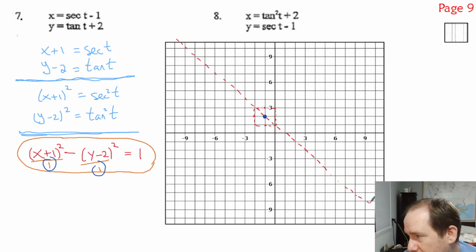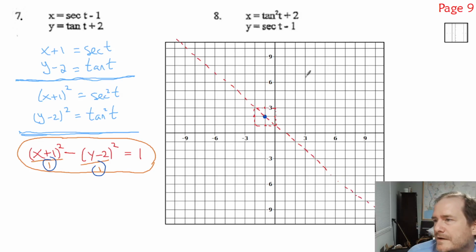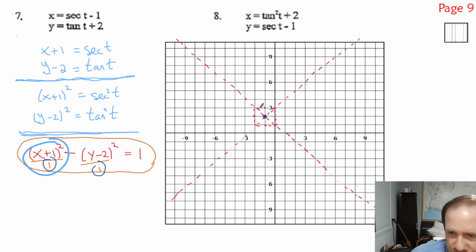Oh, trying not to let my eyes slip. All right. Great. Oh, I think I messed that one up. All right, so that would mean my hyperbola, let's see, x is first, so I go in the x direction. So this is my vertex here on the rectangle, and I go this way. Oh, it's so bad. I don't care.